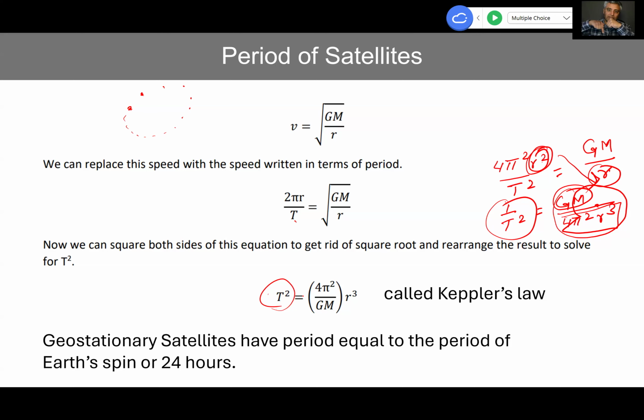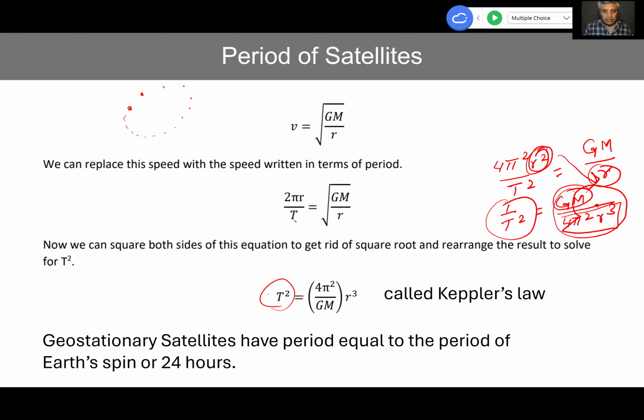So the satellite has to orbit the Earth, and at the same time, Earth is also spinning. We know Earth spins once in 24 hours. So if we make the period of the satellite 24 hours, then what's going to happen? It's going to stay always on top of that city, that place on the Earth.